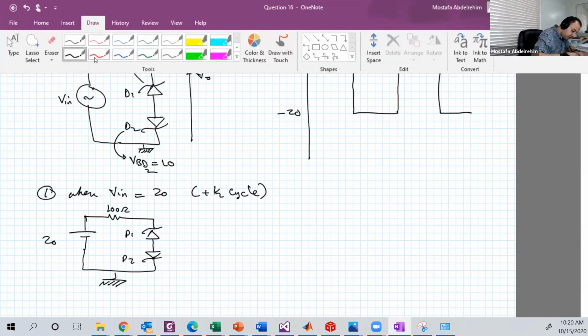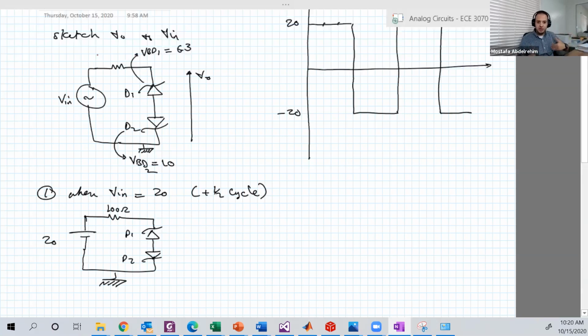Now, to solve it, we need to know which is forward and which is reverse. D1 is reverse. D2 is forward. Okay. The zener, if we draw its characteristic, it would be something like this. 0.7 in forward to conduct, and VBD in reverse to conduct.